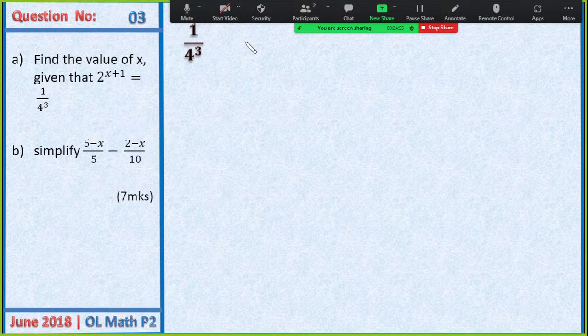This can be written as 1 over 2 to the power 2 further raised to the power 3, because 4 is 2 to the power 2, right? So we further raise that to the power 3, and finally we have 1 over 2 to the power 6, which is the same as 2 to the power minus 6. This step is clear, right?